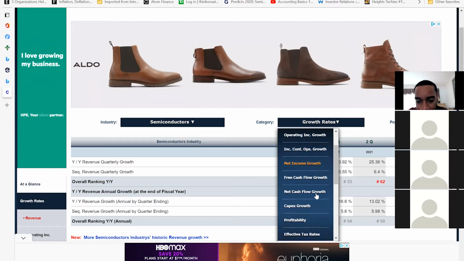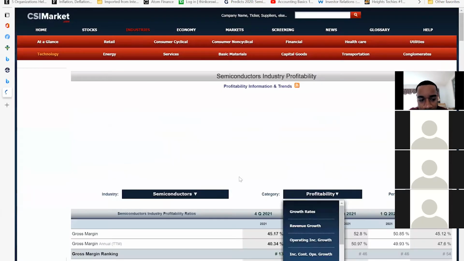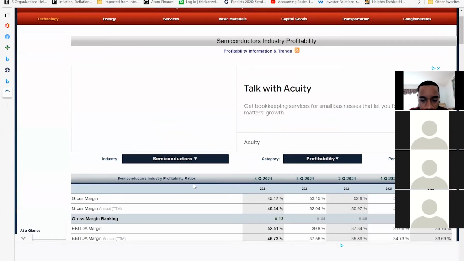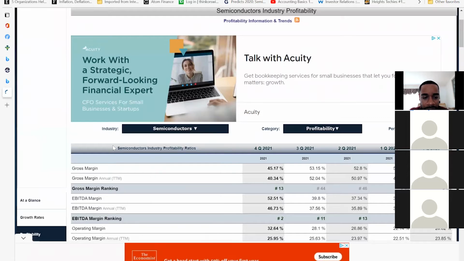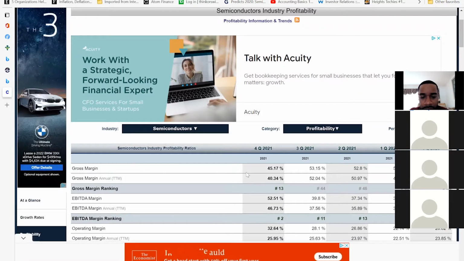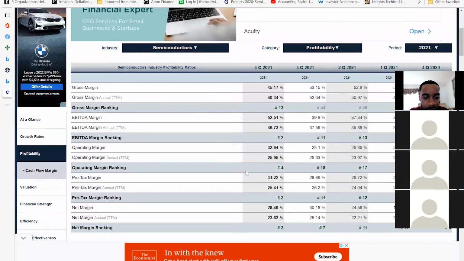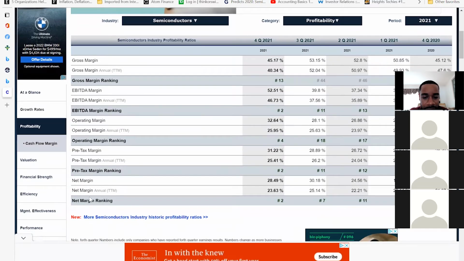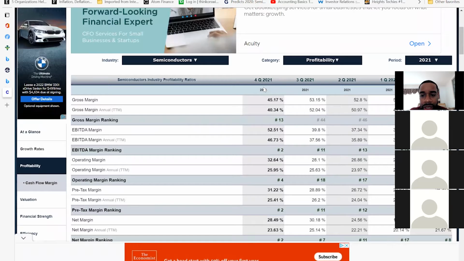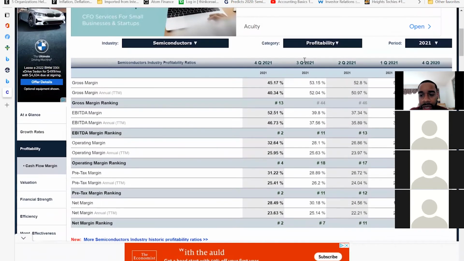Let's look at profitability. On average, the semiconductor industry has a gross margin of 45%. On average, the industry has a net margin of 28%. They have an operating margin of 32%. So this is a good place to come and find the industry averages.